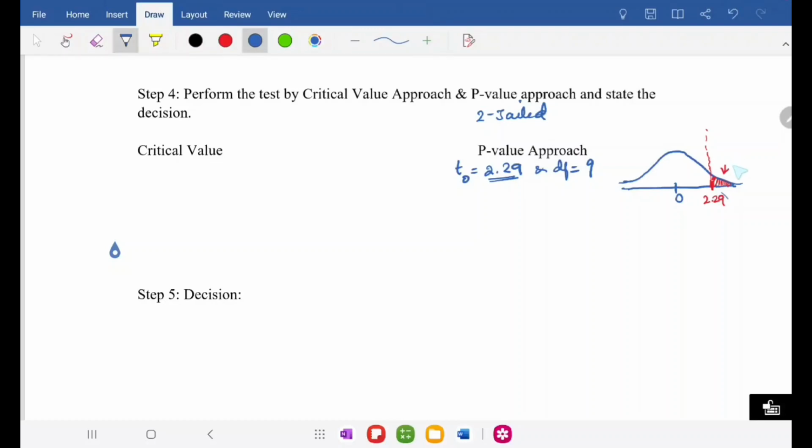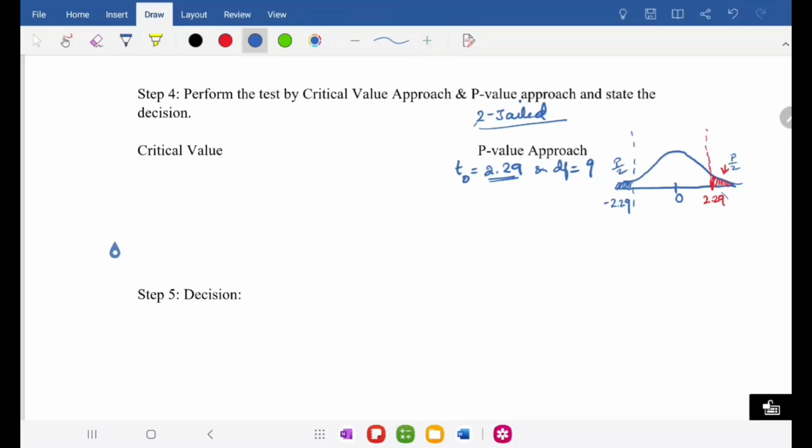It has to be doubled. So this is kind of the p divided by 2 value in a two-tailed test. Before we compare p with alpha in the next step, we will multiply it by 2, just because it's a two-tailed test. Although negative 2.29 is not our test statistic, because this is a two-tailed test, half of the p-value would lie on the left-hand side. I hope that is clear.